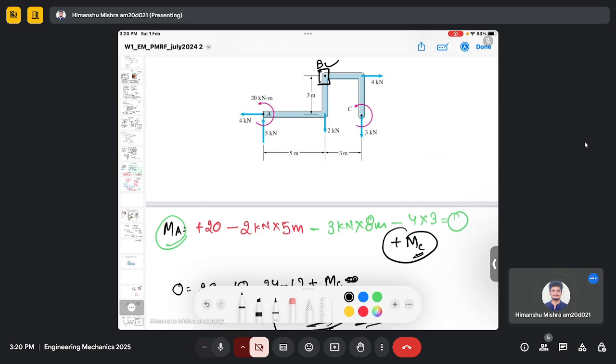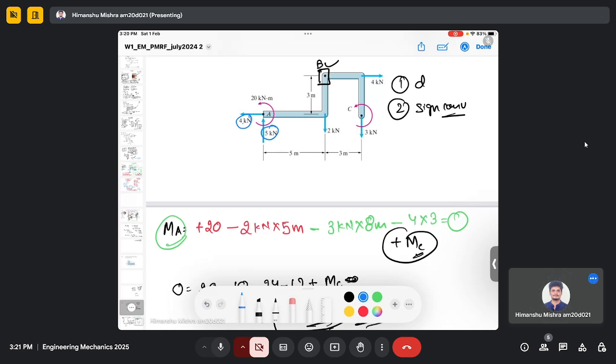So the first task is to identify the perpendicular distances from all the forces, and the second task is to determine the sign convention for each movement. So let's see which forces are creating the movement at point B. Earlier at point A, these two forces were not responsible for exhibiting any movement because they had a perpendicular distance equal to 0.